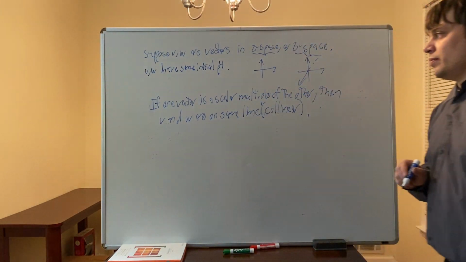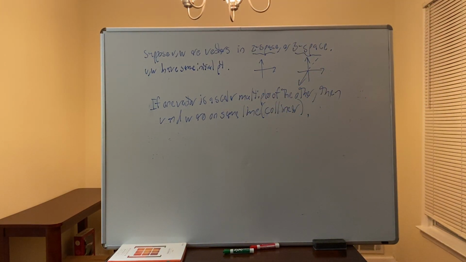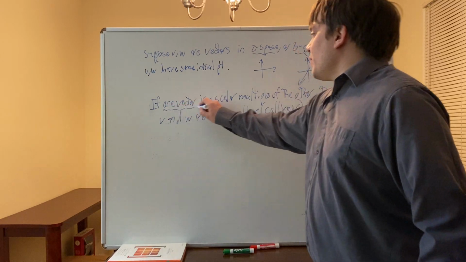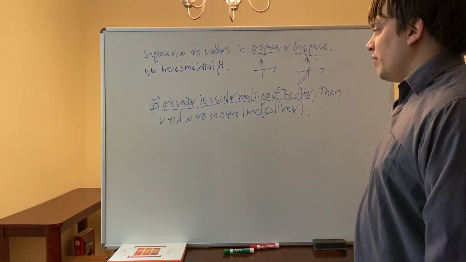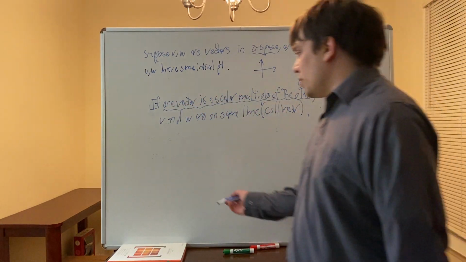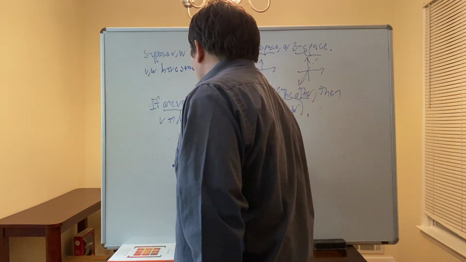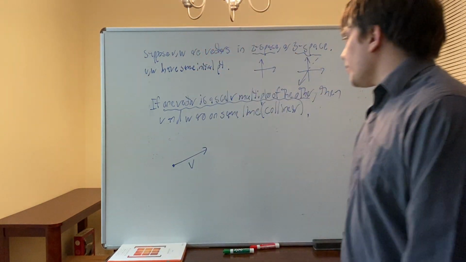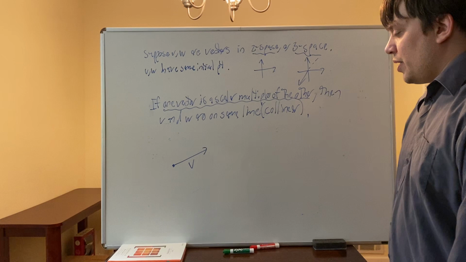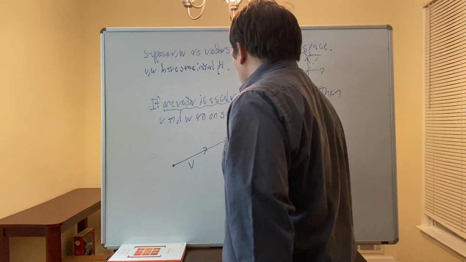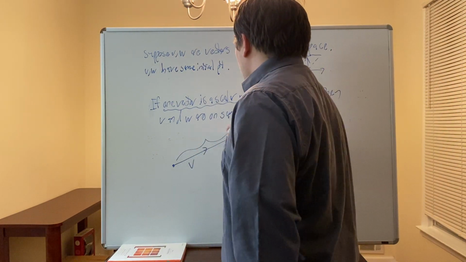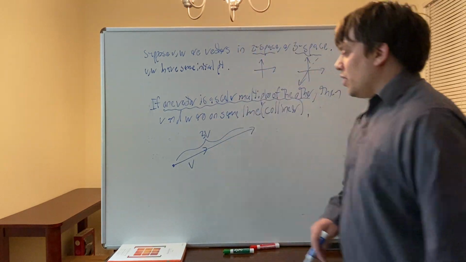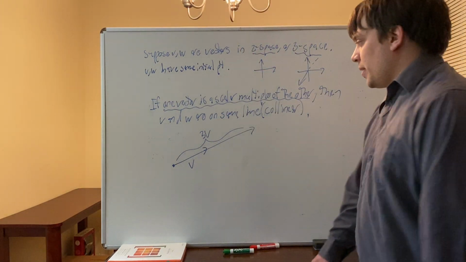So if one vector is a scalar multiple of the other, then v and w are on the same line. They're collinear. An example would be if you have a vector v here and 3v here, then v and 3v are collinear. They lie on the same line.